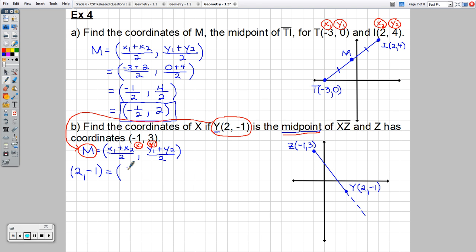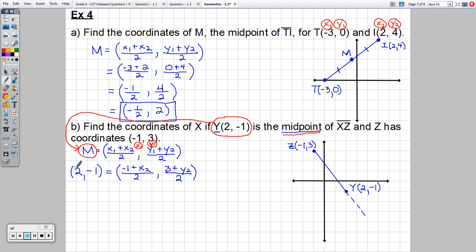I know x1 is then -1. I don't know what the x2 value is. My second x value is the x coordinate of capital point X. Then a comma, and my y1 value was 3. I've got that plus y2, my second y coordinate, which is the y coordinate for this point X.